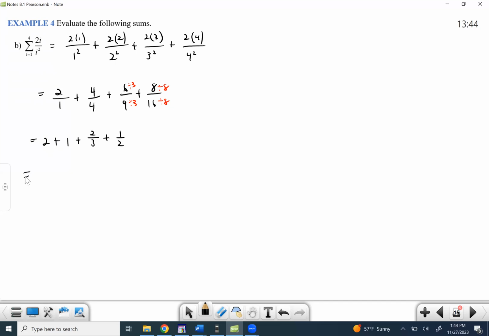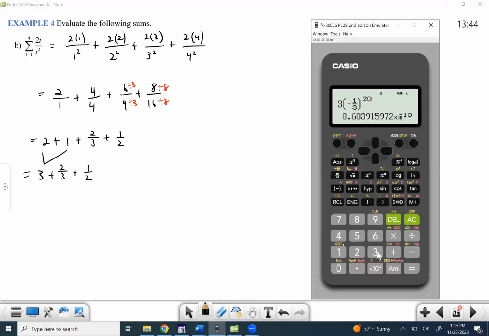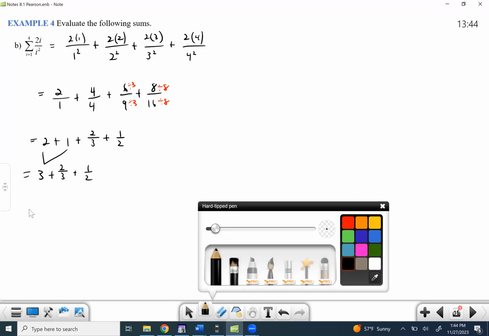Yeah, which is really just 3 plus 2/3 plus 1/2. Okay, so we can just go and compute that really quickly. So 3 plus 2/3 plus 1/2. 25/6, you guys.